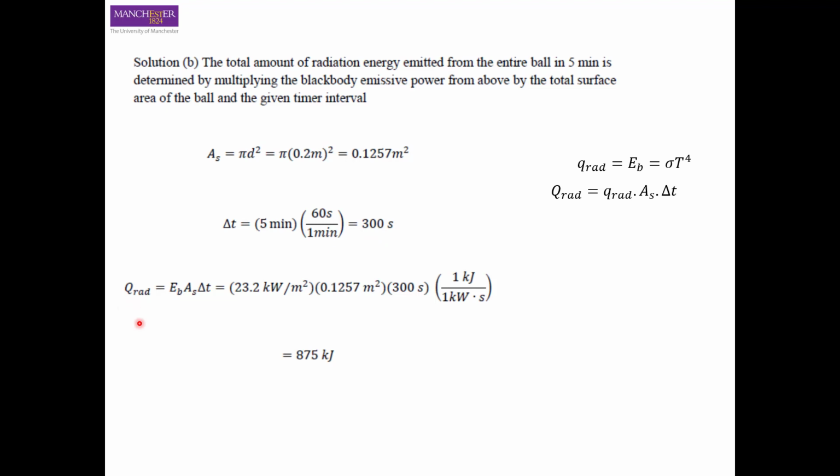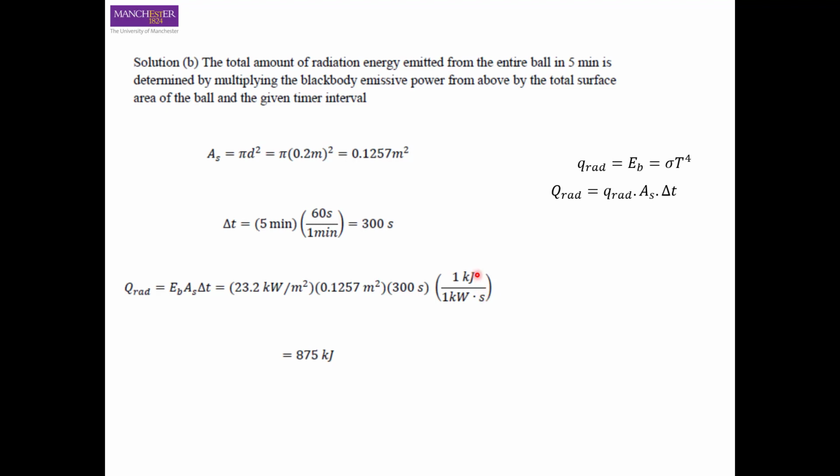Now for the amount of radiation, we need to use this formulation here. So EB, we already know. We already know the surface area and the time. So if you put in the values of these parameters, we can get this equation here. And finally, we also need to include a unit conversion, because here we have kilowatt, and we know that 1 kilowatt is equal to 1 kilojoule per second.